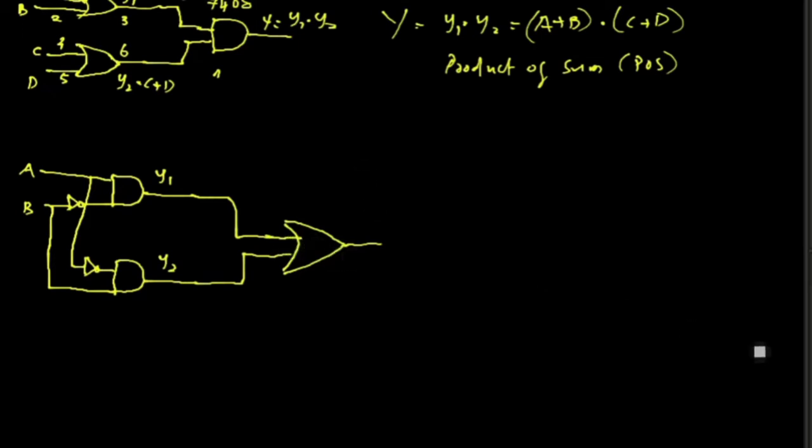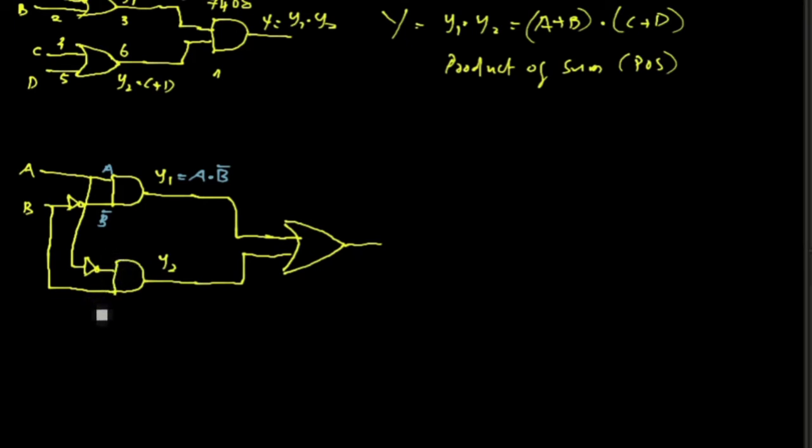Now let's see what the output will be. Here the actual input to the first gate is A. The second input to the first gate is B complement. So the output of the first gate is Y1 is equal to A and B complement. Now consider the second AND gate.